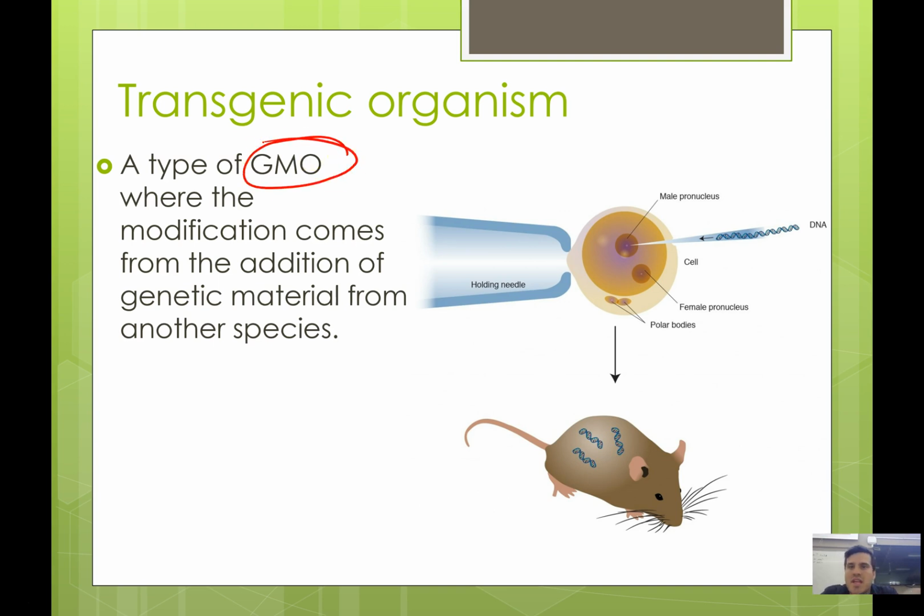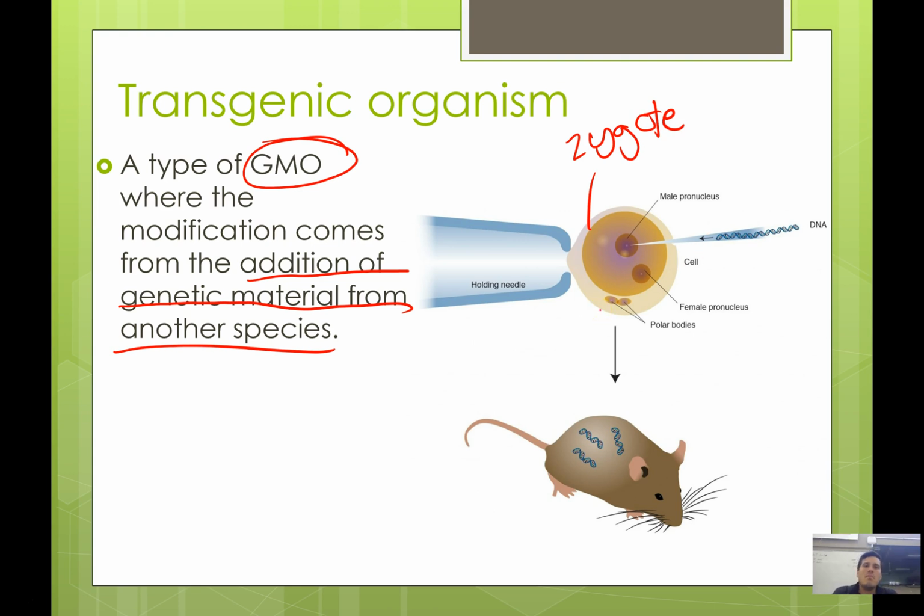So it's a type of genetically modified organism, but the modification actually comes from the addition of genetic material from another species. Okay, so for example, here we're taking a cell which is a zygote, and this zygote is going to then become a mouse.